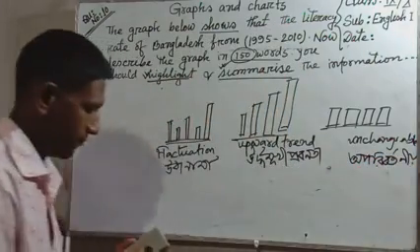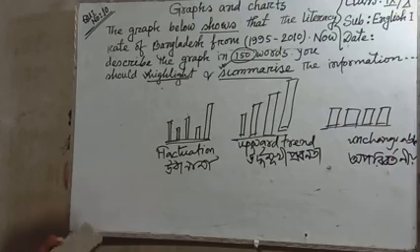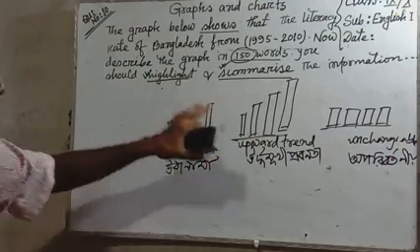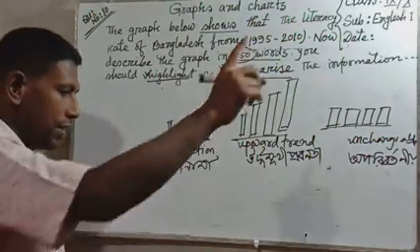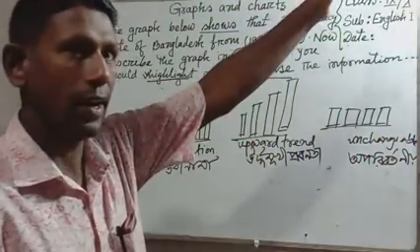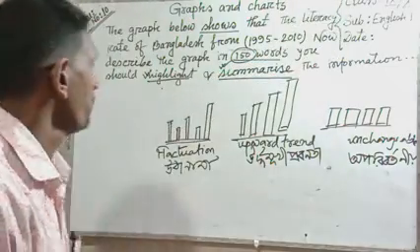So dear students, look at that. That is fluctuation mode. That is an upward trend, that means going from least to highest or most.